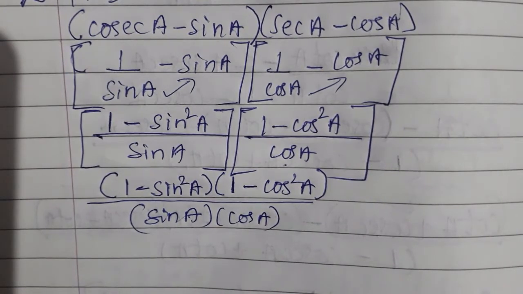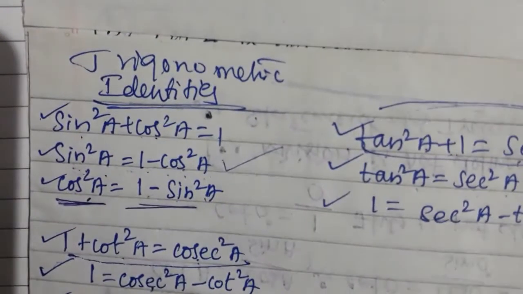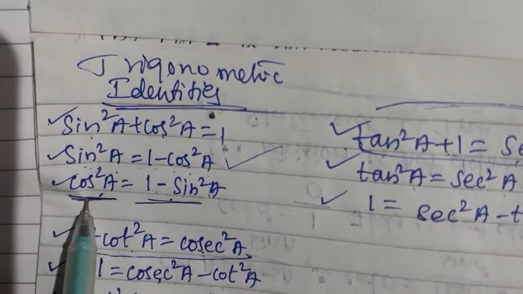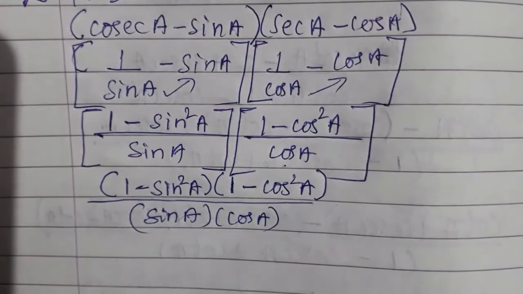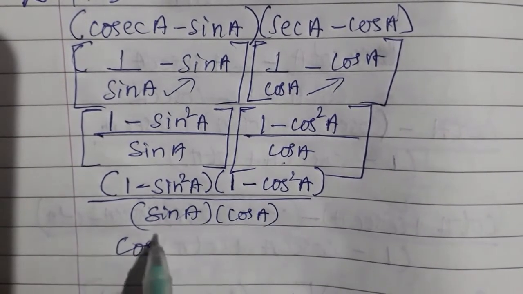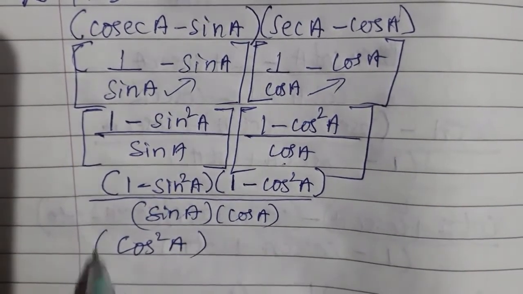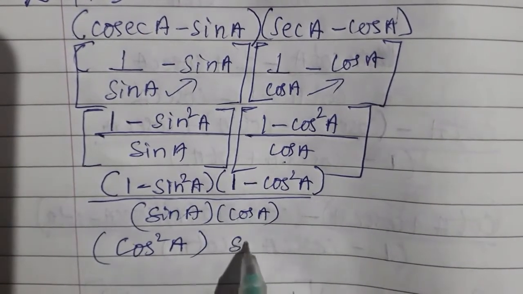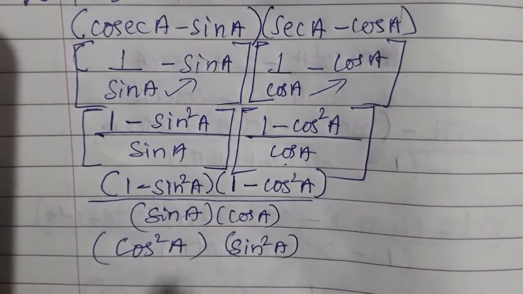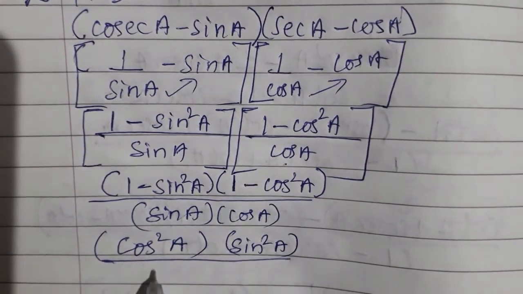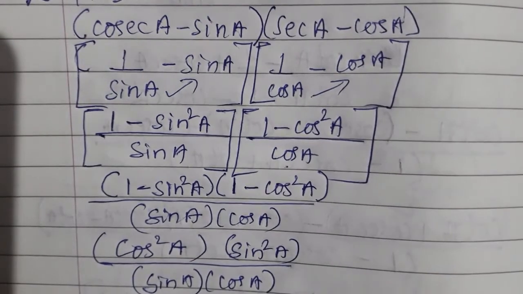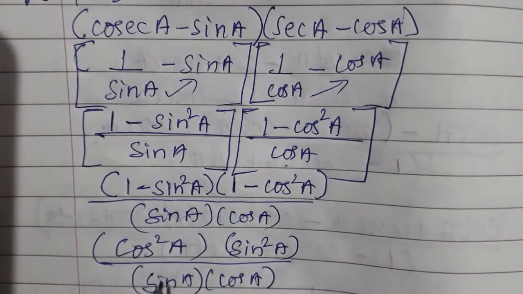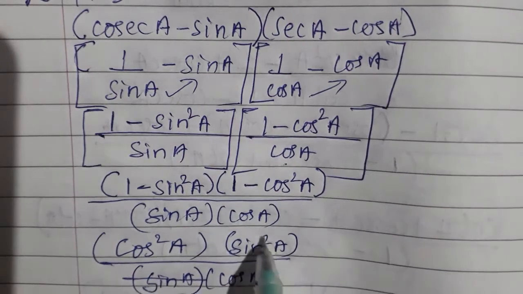After this, use the identities. You can notice 1 minus sin square A is cos square A. 1 minus cos square A is sin square A. Introduce this. So 1 minus sin square A is cos square A into 1 minus cos square A is sin square A, divided by sin A into cos A. Now you can notice from sin square A, sin A is cancelled.